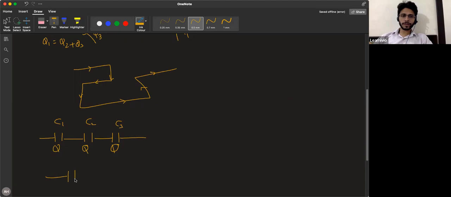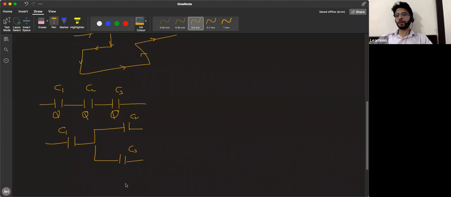But if I draw this diagram, now I have three capacitors, C1, C2, C3. What will happen now? Charge will remain the same or it will divide again? Saifullah, what will happen now? It divides.